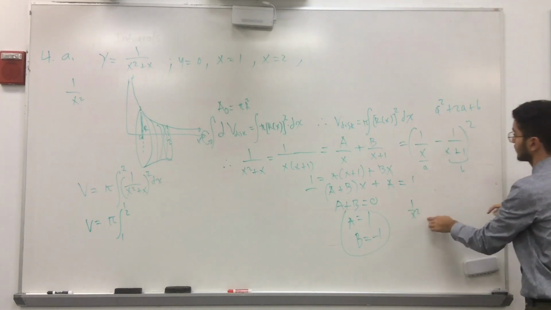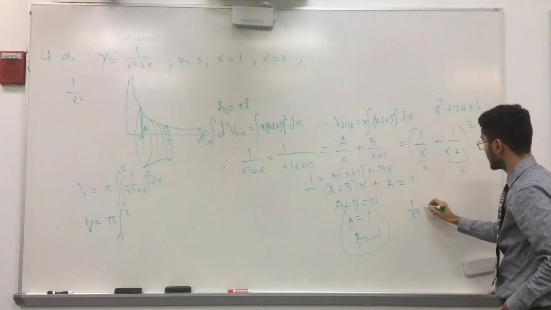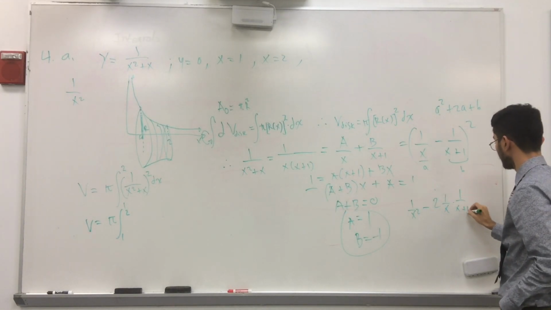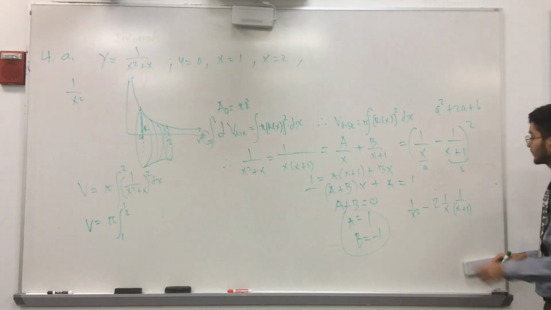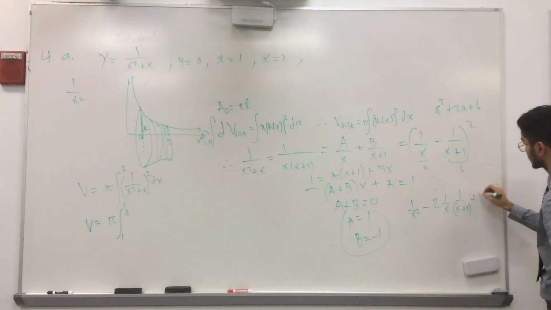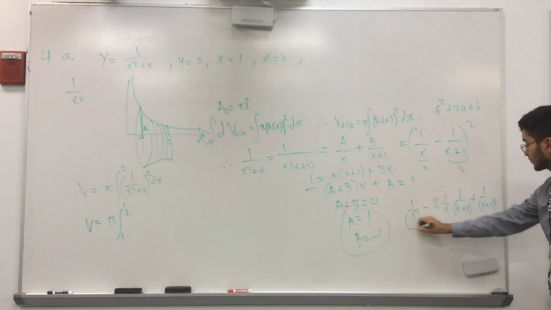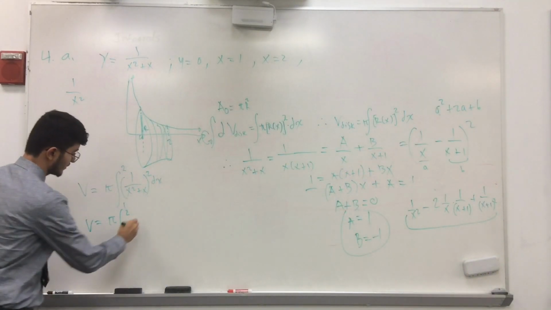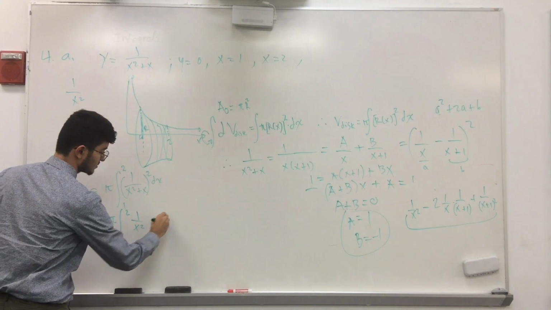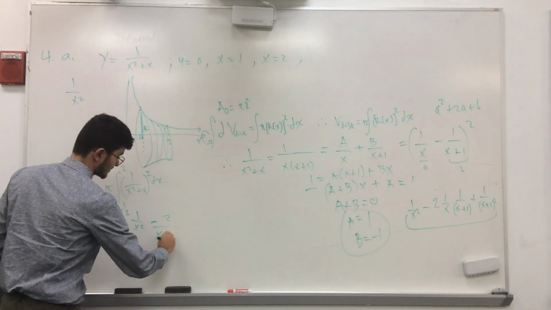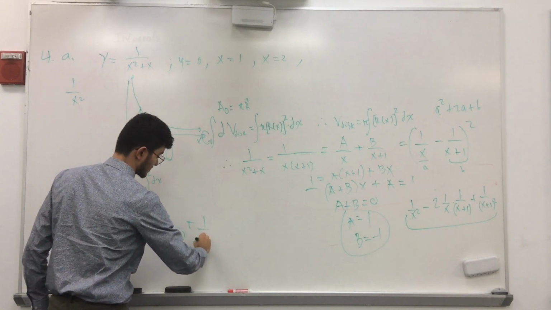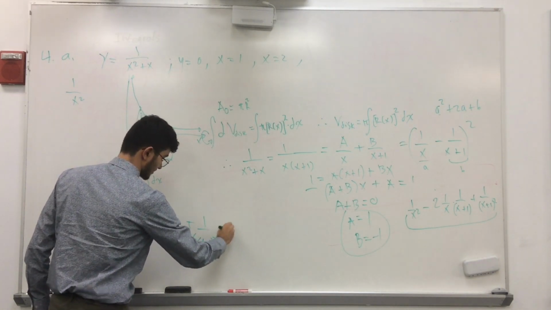We're going to have 1 over x squared, plus 2ab, which is minus 2 times 1 over x times 1 over x plus 1, and then plus b squared, which is 1 over x plus 1 squared. We put this inside our integral, so that gives you 1 over x squared, minus 2 over x times x plus 1, plus 1 over x plus 1 squared dx.